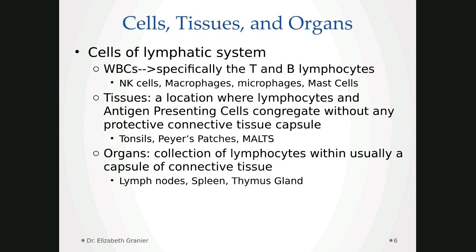So when we talk about the immune and the lymphatic system, we are looking for where there is a large population of lymphocytes. And remember, lymphocytes are T cells, B cells, and natural killer cells. And they tend to exist and clump together in these lymphatic tissues, lymphatic organs.